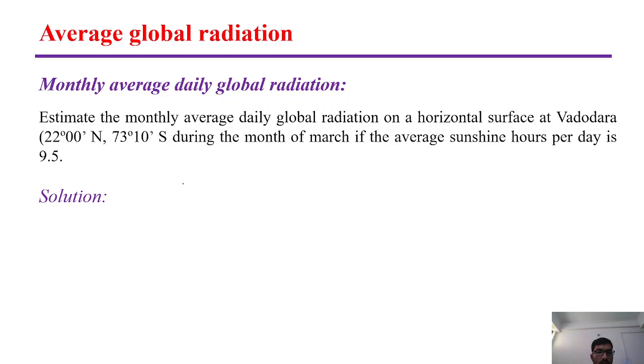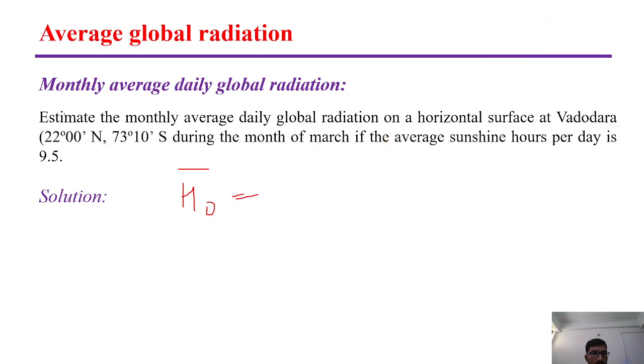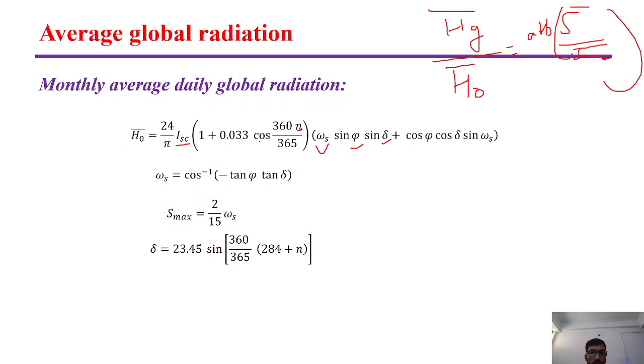H naught we can calculate based on the function: 24 upon pi into solar constant into 1 plus 0.33 cos of 360 n divided by 365, where n is the number of days, into the latitude. Latitude is given, 22 degree. Omega is not given, the hour angle we have to find out. Declination angle we have to find out.